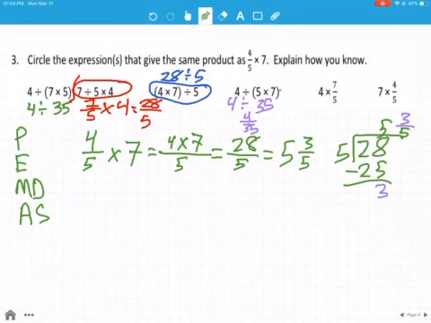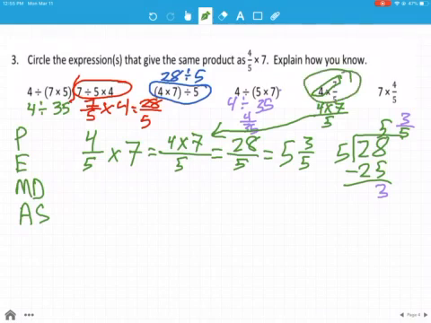And then for our next one, if you look very carefully, the switch has only happened right there. So if we do this, we're going to do 4 times 7, which is the same as right here. So this one is definitely going to be the same. And then we have this problem here.